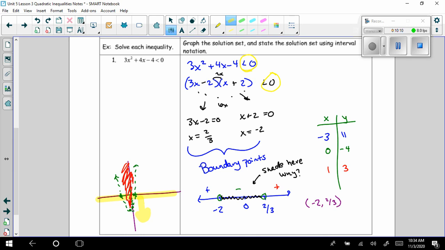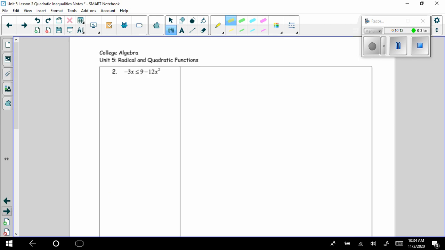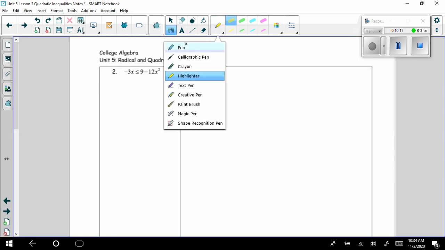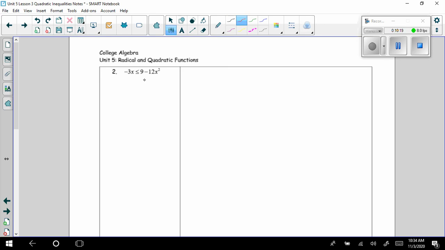Okay, all right, let's run through a couple more examples real quick. Get it set to 0 first. So we get 12x squared, and I'm moving everything to the left to make my x squared positive, minus 3x minus 9 is less than or equal to 0.